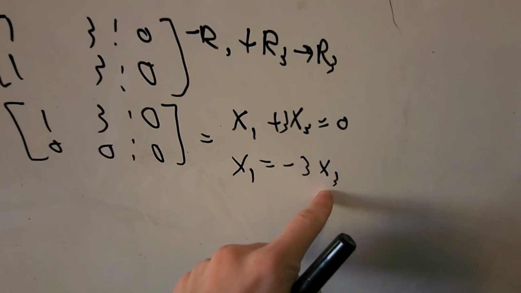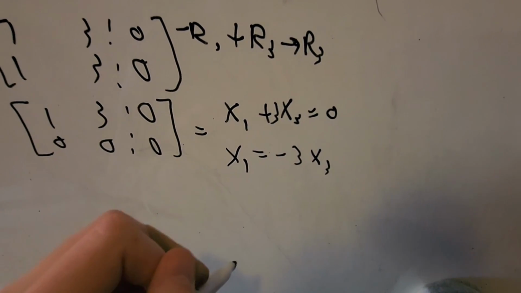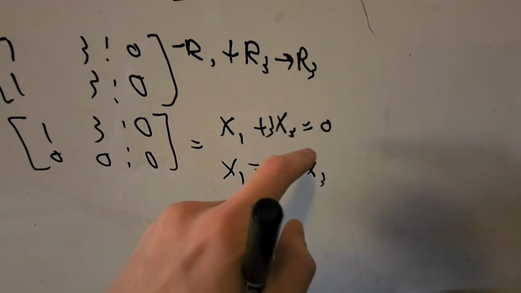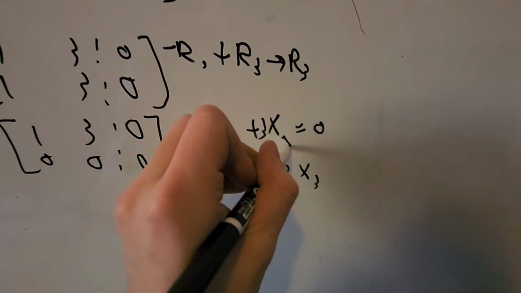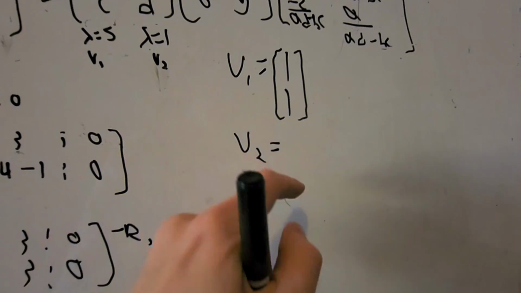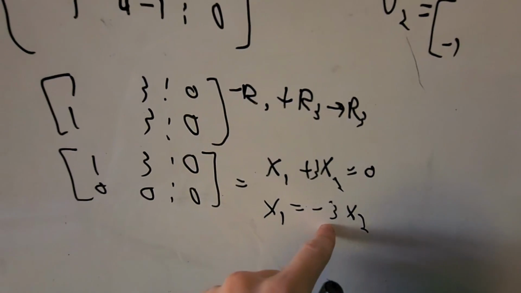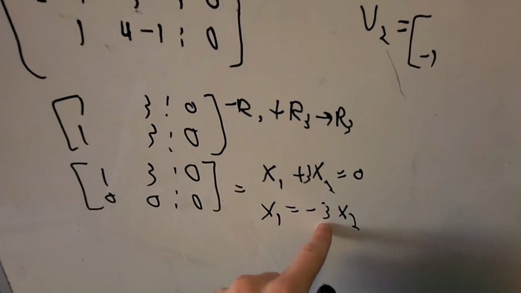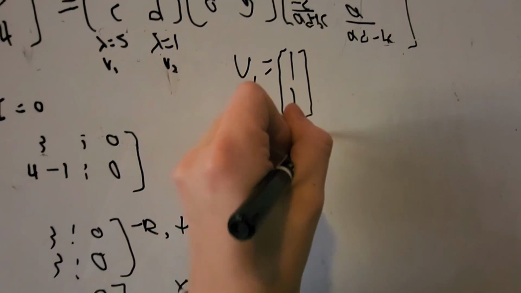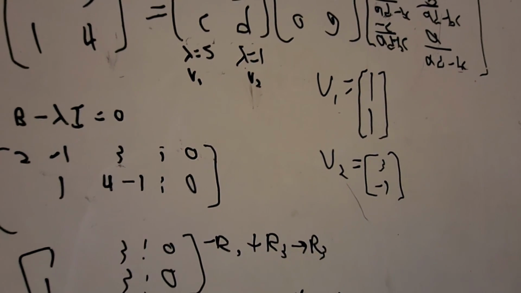I'm going to let x3 equal negative 1, x3, this is supposed to be x2. We're going to let x2 equal negative 1. So when I write this, x2 is negative 1. Negative 1 times negative 3 is going to be 3. So now I have my vectors.